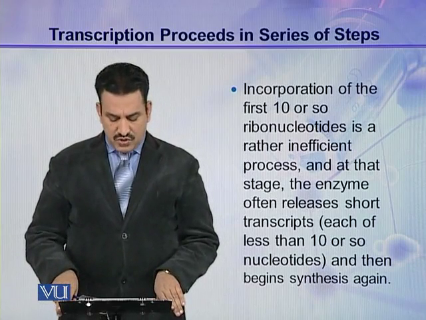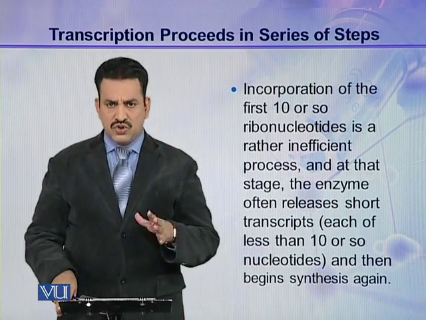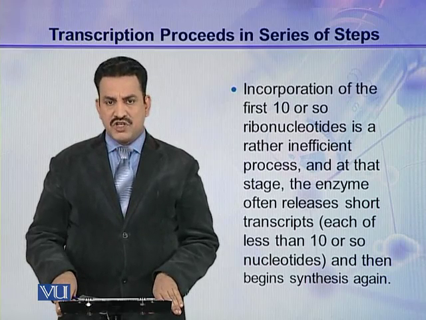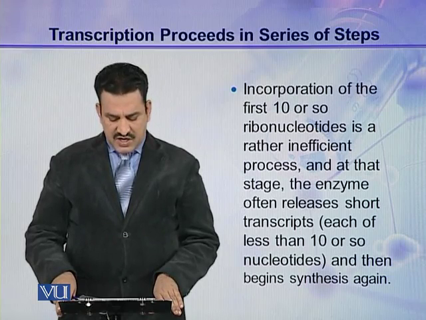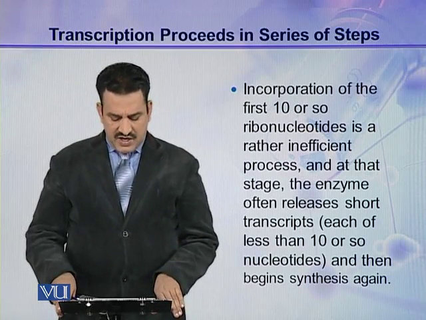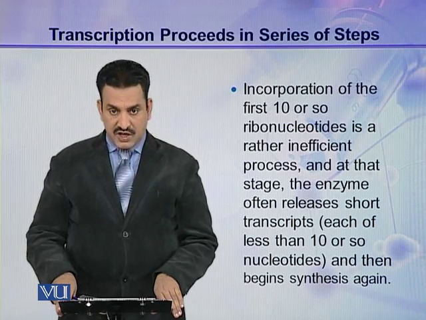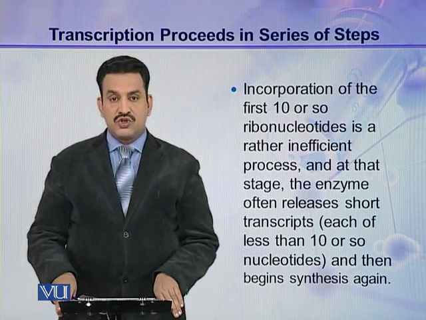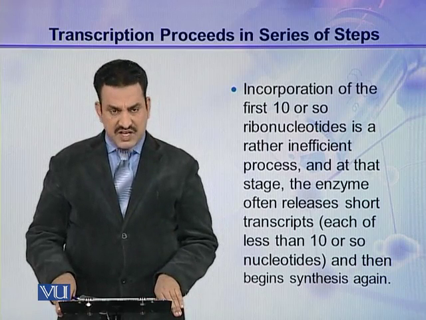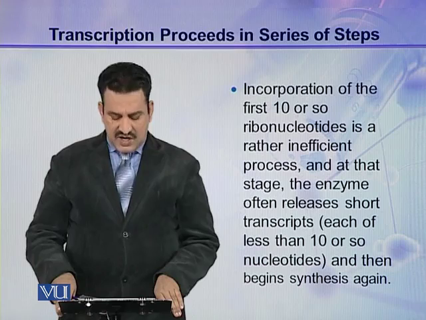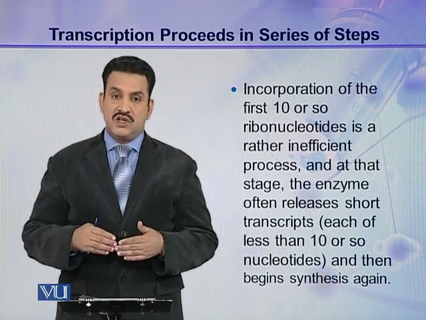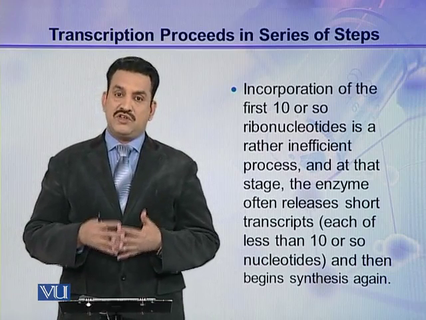Incorporation of the first 10 or so ribonucleotides is a rather inefficient process, and this is called initial transcription. At that stage, the enzyme often releases short transcripts, each of less than 10 or so nucleotides, and then begins synthesis again, and this synthesis is actual transcription.